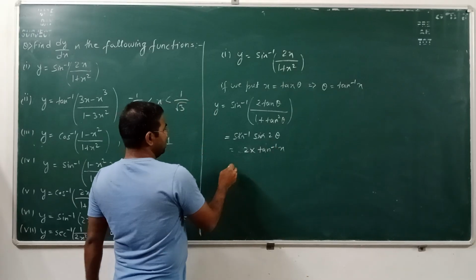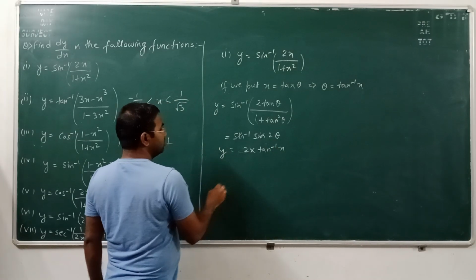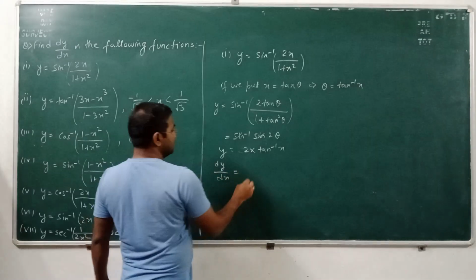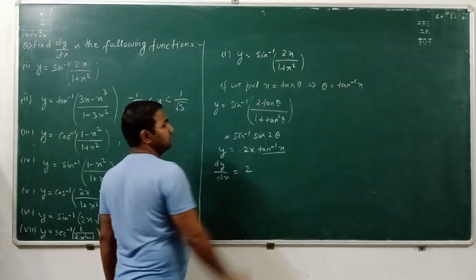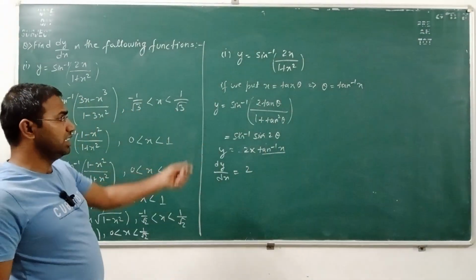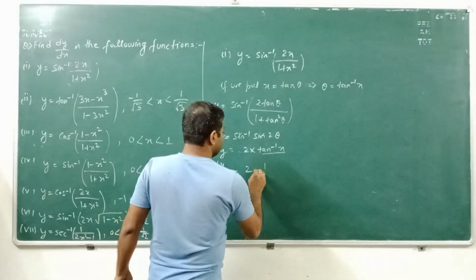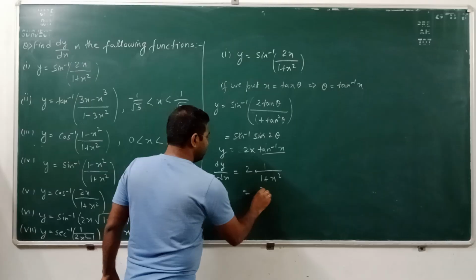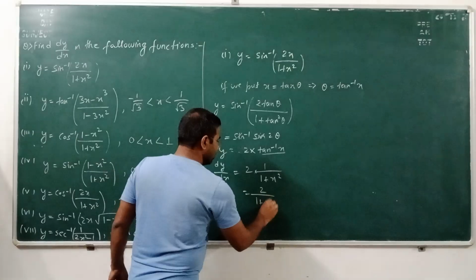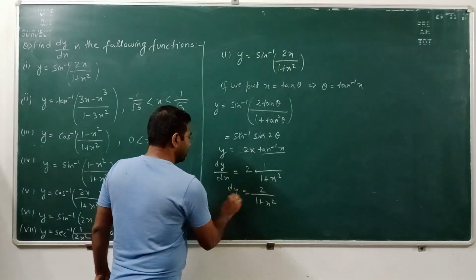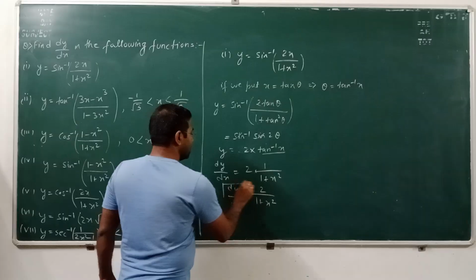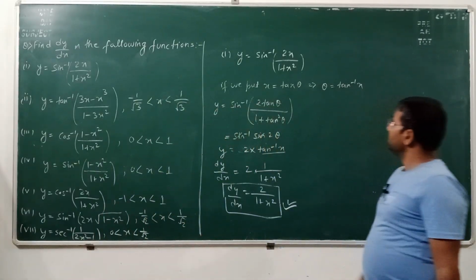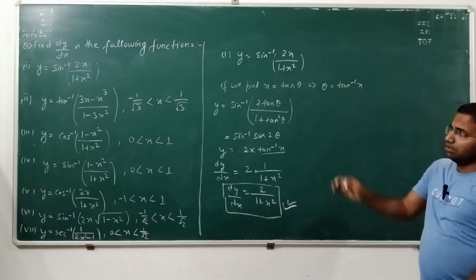Now y is equal to 2 tan inverse x, now find the derivative. dy upon dx: as you know that the derivative of tan inverse x is 1 upon 1 plus x square. Then 2 upon 1 plus x square will be the dy upon dx of the given inverse trigonometric function. Okay, so see here how you will write the derivative of a given trigonometric function.